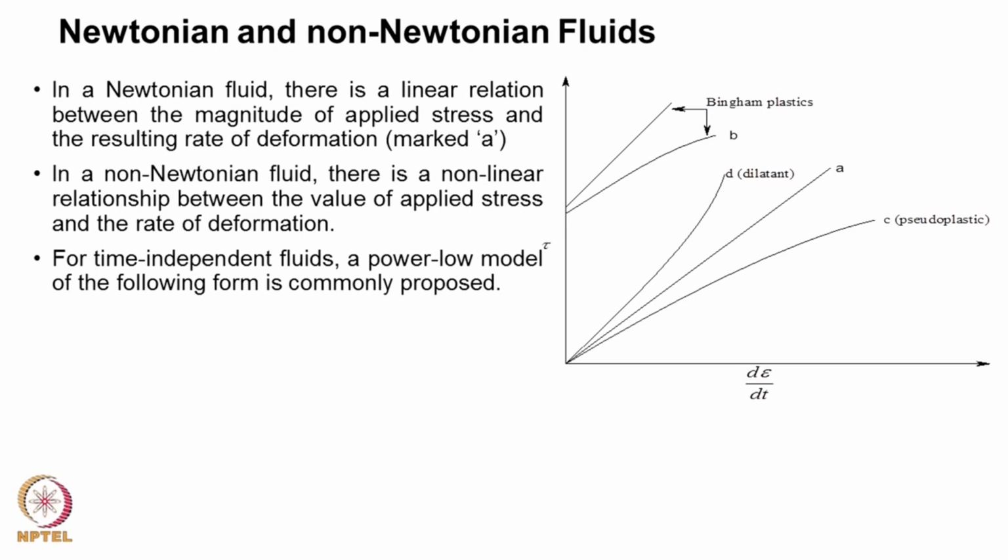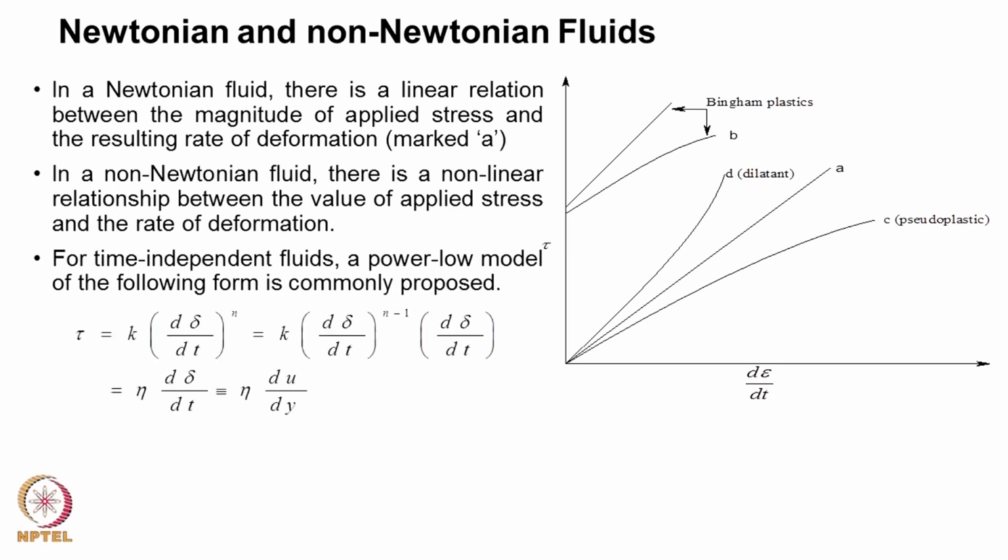Whenever you have a non-Newtonian fluid, there are different models available to describe them. The popularly used one is the power law model, where the stress is related to the rate of deformation by a power law.